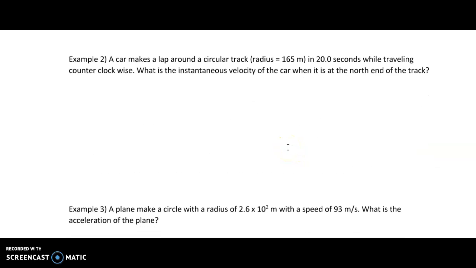If we want to know what the velocity is, again, we need to know first of all what direction it's moving, and we're on the very north end of this, and it's moving in a counterclockwise motion, which means when it's down here, it's moving here, right?